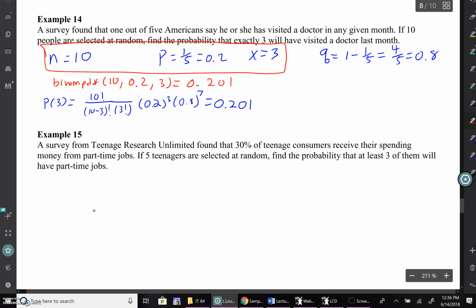So once I figure out my probability, the most important thing that I want after that is my sentence.